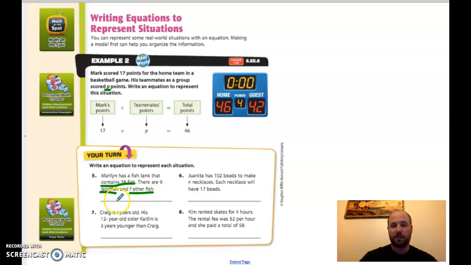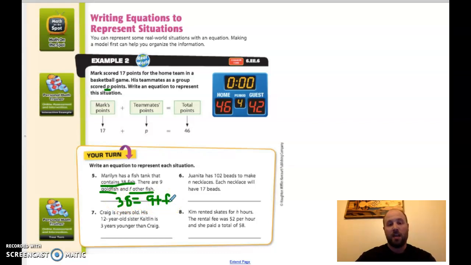I always like to start there. 38 total fish. So that's going to be on its own side of the equation. Remember our teeter-totter. So of those fish, 9 are gold. And then we're going to be adding these fish together to get our total, right? So the other one must be F. So my equation is 38 equals 9 plus F.